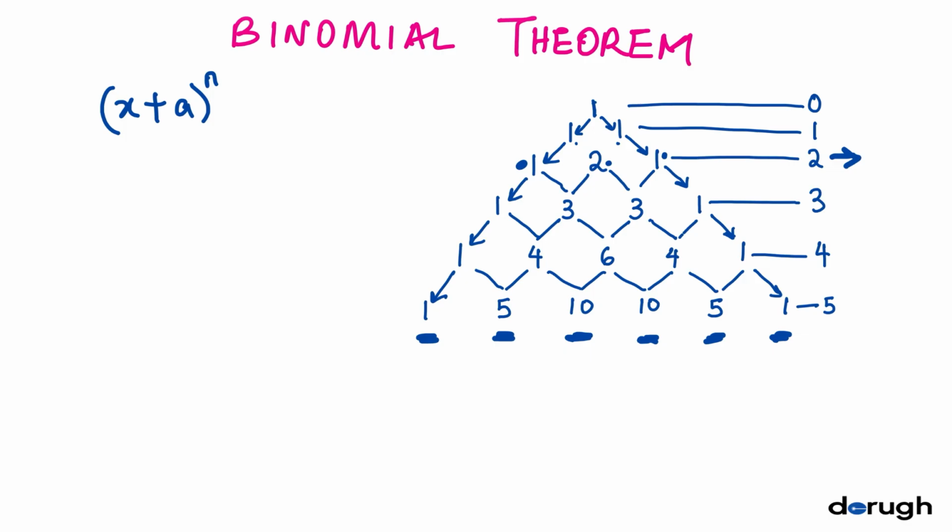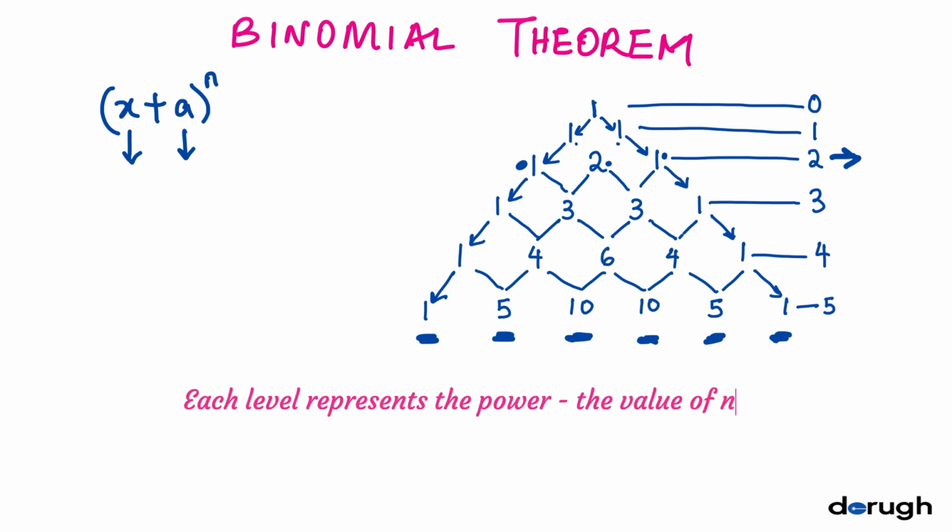The final element that we need in order to put everything together is to understand what happens to the values in the bracket, in this case, which are x and a. Remember, we've said that with the Pascal's triangle, each level represents the power. So the first level is level 0, which represents when n is 0.